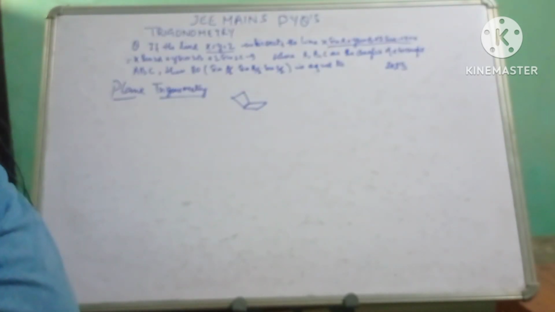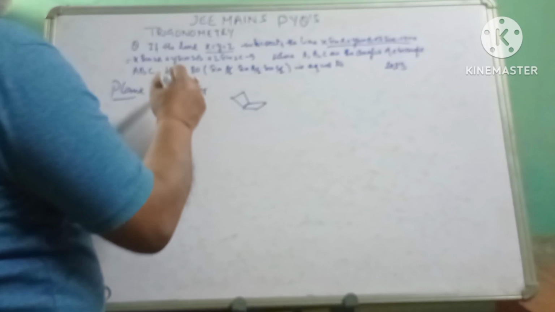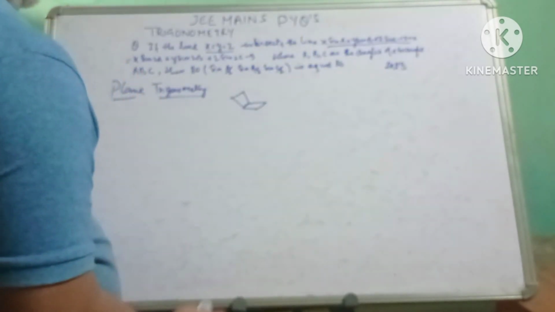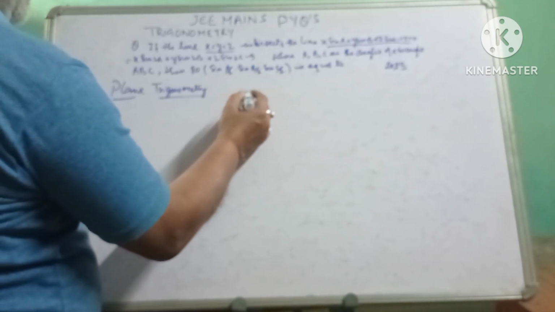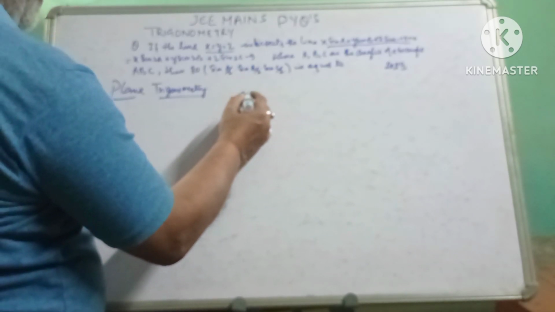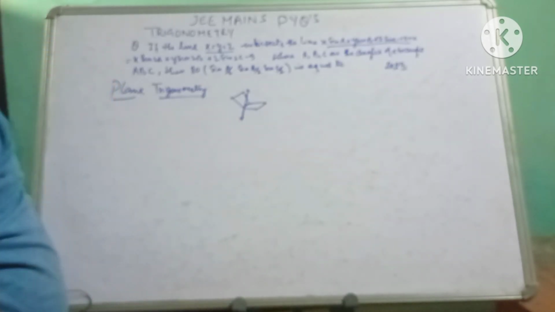You all know about it. When two lines intersect, they intersect at a point. When two planes intersect, they intersect along a line. So here the line intersects the line, this means the line formed by these two planes intersects this line.